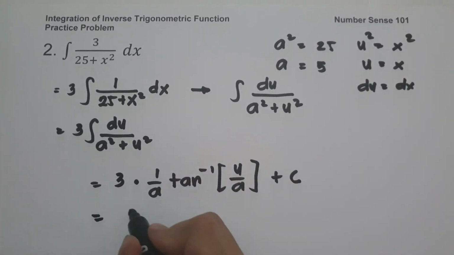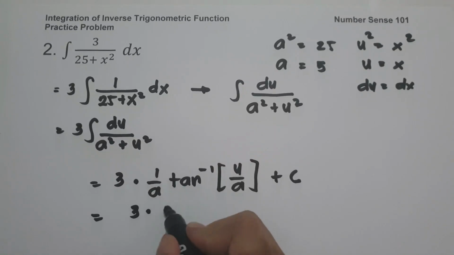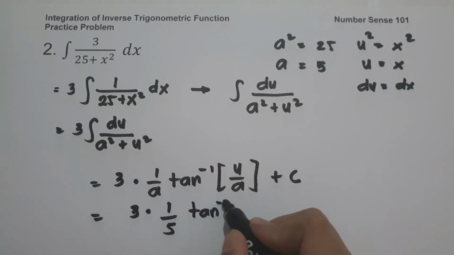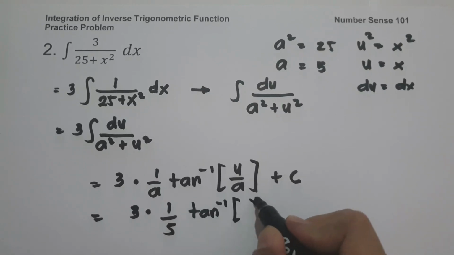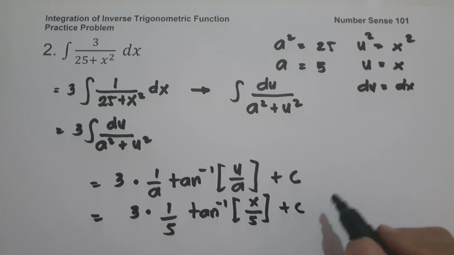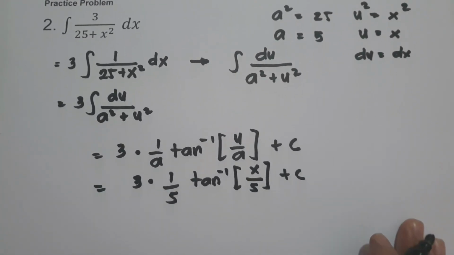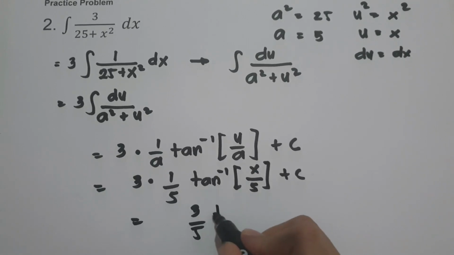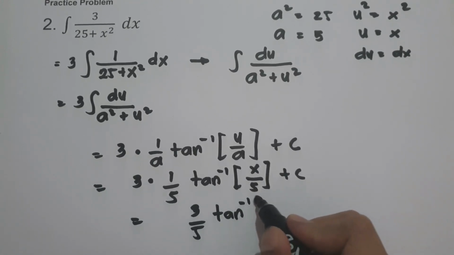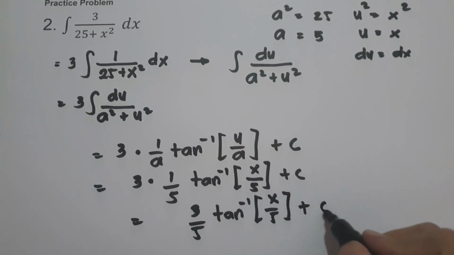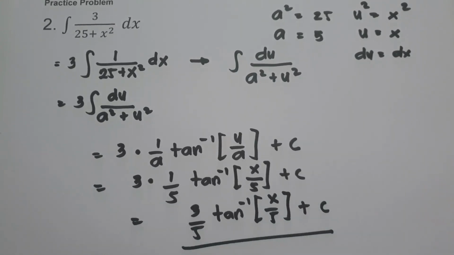So let us have 3, and then 1 over a, that is 5, and then arc tangent of u, that is x, over a, that is 5, plus c. To write our final answer, this will be 3 over 5 arc tangent x over 5 plus c. And this will be our answer.